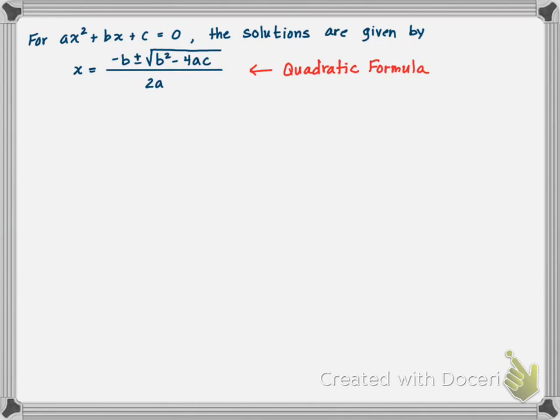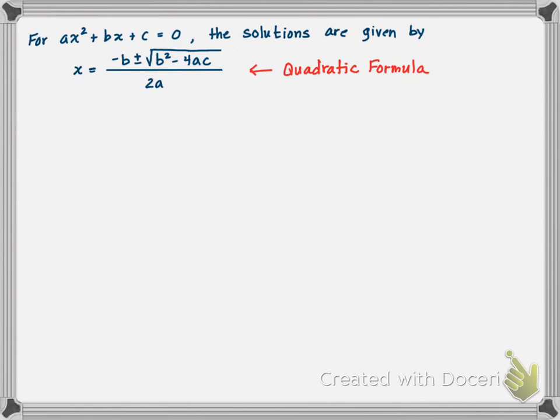I will warn you, people really like the quadratic formula, and I'm not really sure why everybody likes it so much, because it's one of the more useless things that you will learn in math. The reason being is that it only does one thing. The only thing it does is give us solutions to a very, very specific equation.